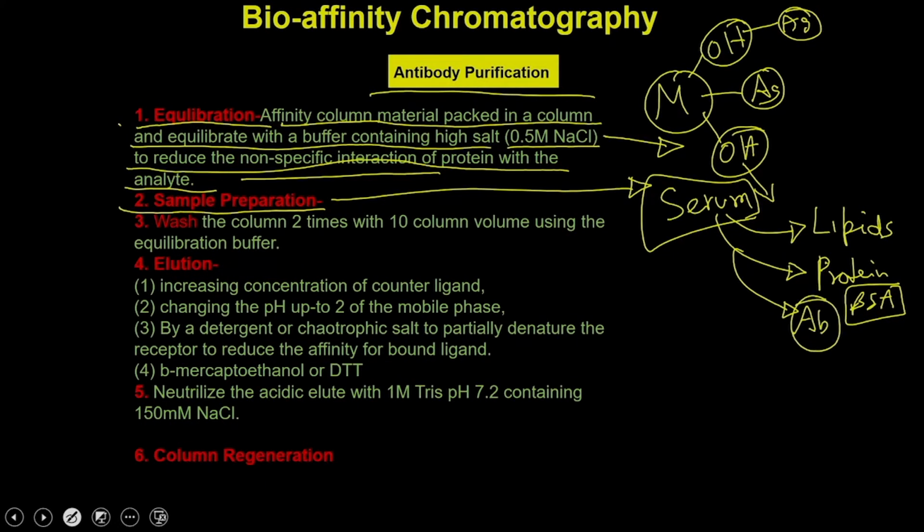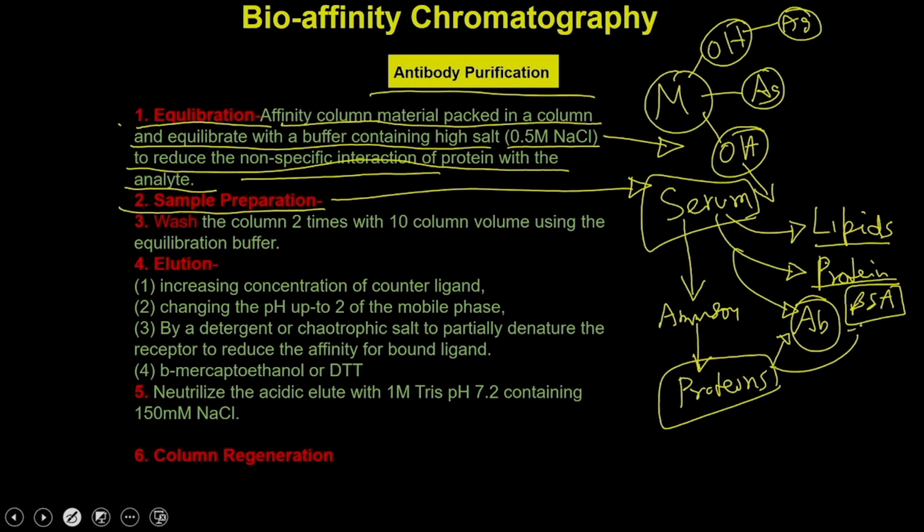So, you are only looking for the antibodies, not the lipids or the other proteins. So, what you are going to do is first treat this serum with ammonium sulphate, so that it gives you the protein, because ammonium sulphate is going to precipitate all the proteins, which are either going to be the antibodies or the serum albumins.